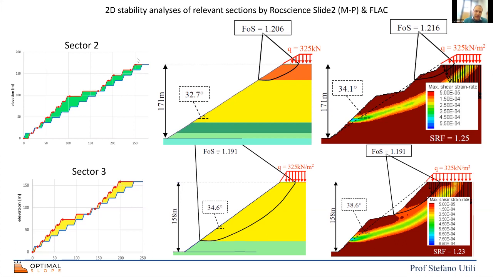The only difference is that if we want to do an optimal profile, the bench width varies with depth. For instance, here there is something that could be called a geotechnical berm. Here we have again these two benches, if you can see my mouse, where they're a bit wider. The point is that the optimal location of these geotechnical berms is given by the software.